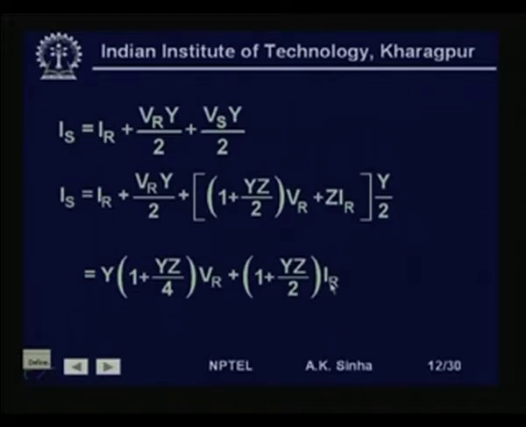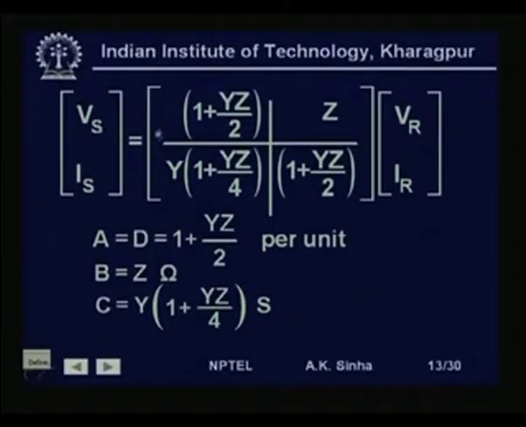So, now using these relationships we can write down this in terms of ABCD parameters as Vs is equal to (1 plus YZ by 2) Vr plus Z IR. Is is equal to Y into (1 plus YZ by 4) Vr plus (1 plus YZ by 2) IR, which shows that A is equal to D, that is A is equal to D is equal to 1 plus YZ by 2.